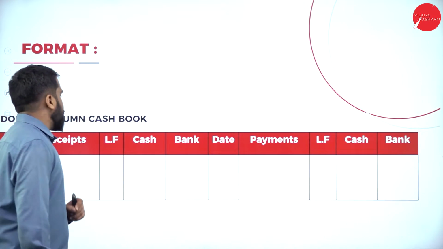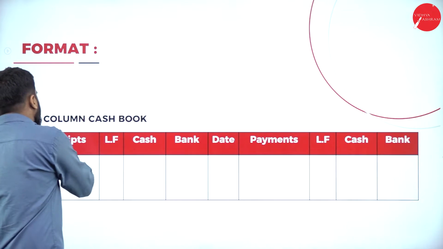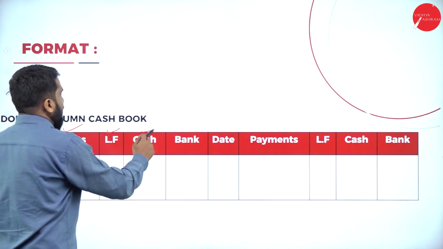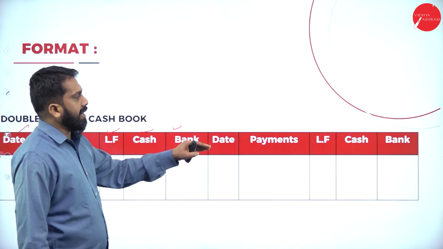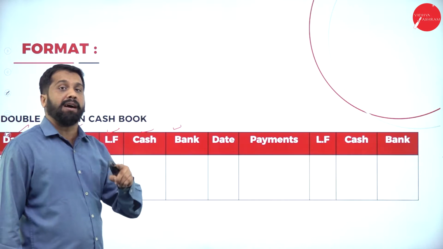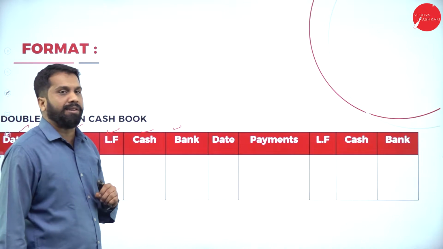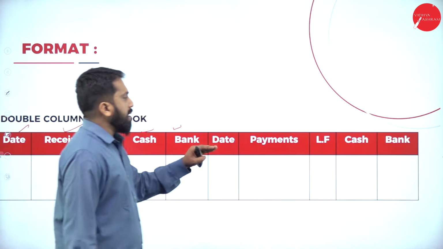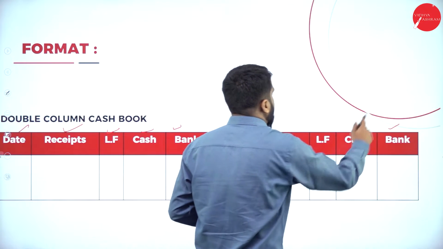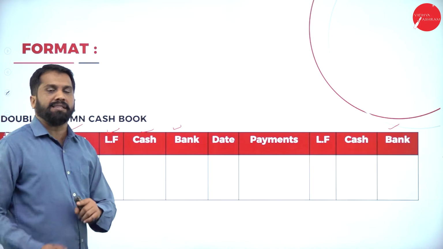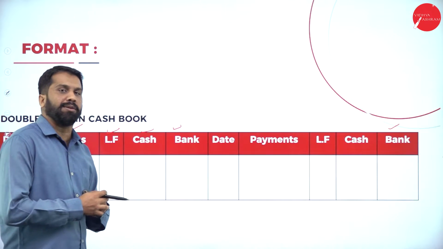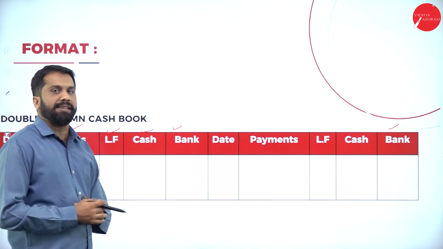Remember, under double column you have date, receipt, LF, cash, bank. Earlier it was only date, payment, LF, cash. But here we are adding one more, that is the bank column. Now, date, payment, LF, cash and bank column. This is your format. Please make a note of this. I'll go out of the screen.